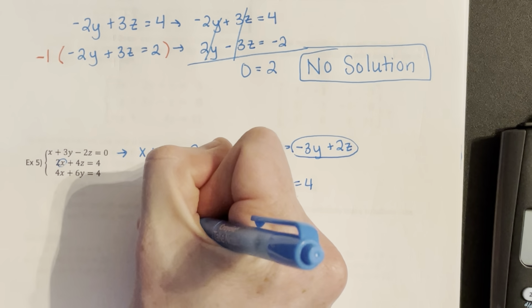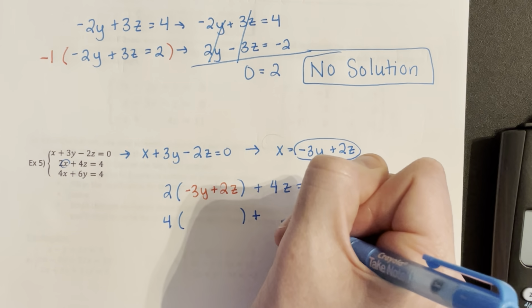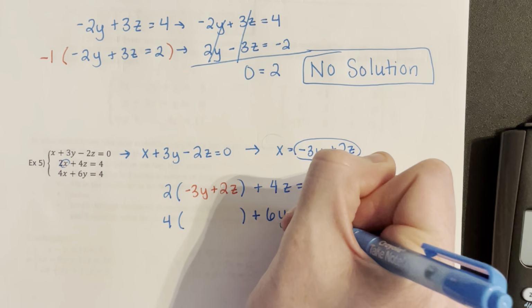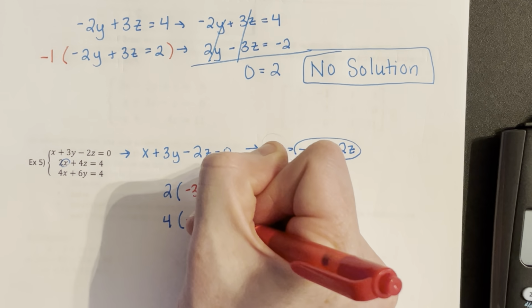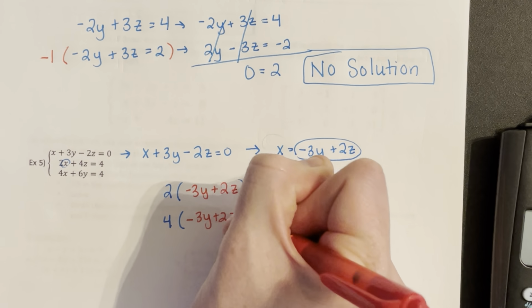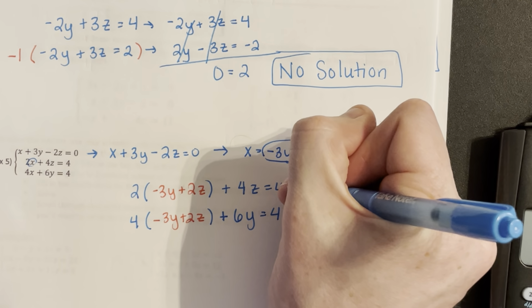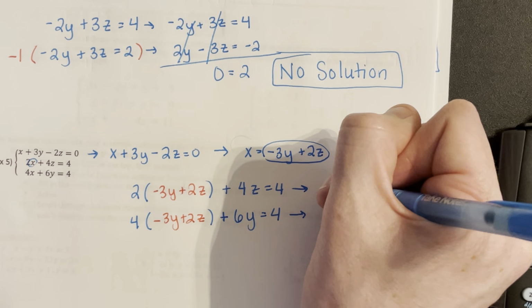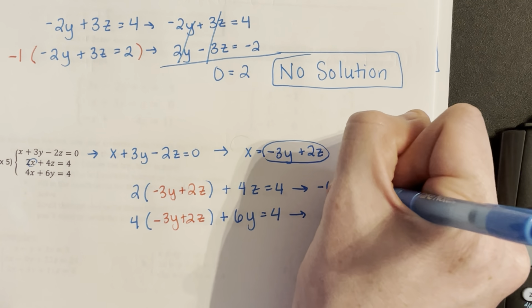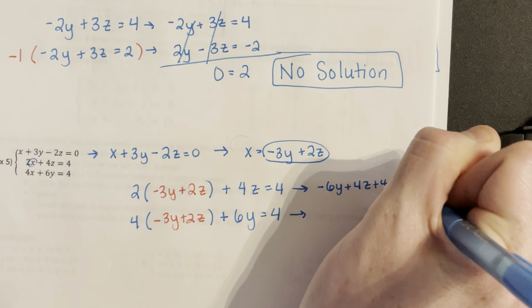And then we had 4x plus 6y equals 4. So negative 3y plus 2z again is going in place of x. Watch what happens when we do that. I get an equation that would say negative 6y plus 4z plus 4z equals 4.